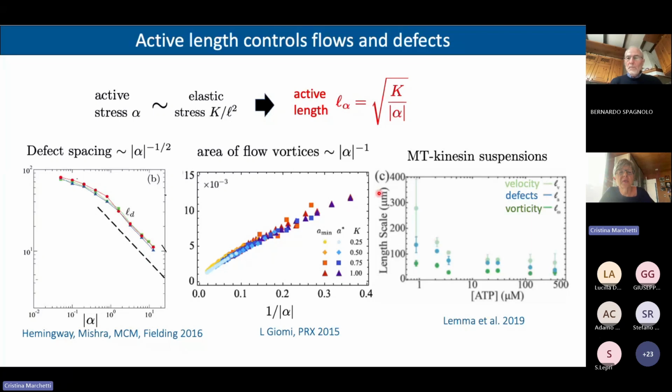And this has been verified in experiments, this inverse square root dependence of this length scale on activity, by measuring the velocity correlations, the separation between defects, and the correlation of vorticity. So this suggests what I would almost call a duality, in quotation marks, between flows and topological defects, which suggests that one may be able to describe these active flows by looking at the dynamics of the defects.